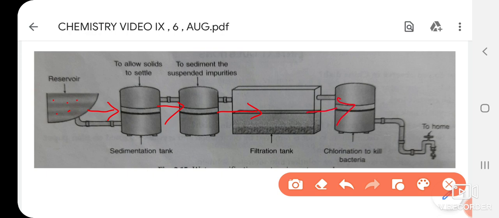Now in the chlorination tank, chlorine is added, or we can say bleaching powder is the source of chlorine. So when we put bleaching powder, chlorine comes out, and this chlorine is a disinfectant. It is used as a disinfectant, and therefore it kills all the microorganisms or bacteria present in this tank, and then it is used by the whole city. Okay.